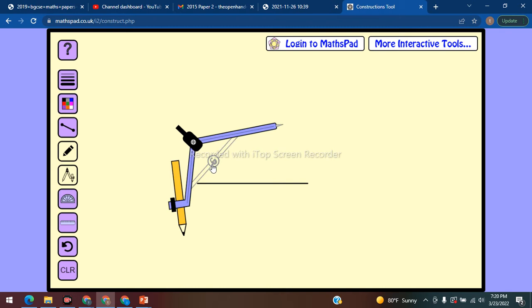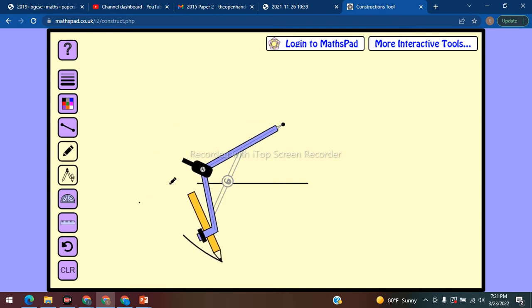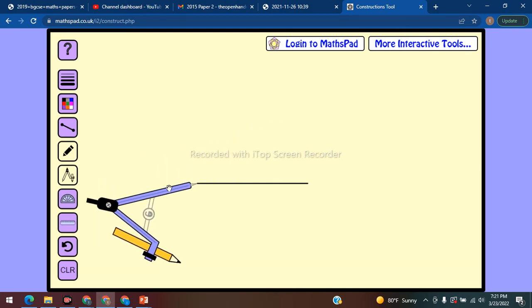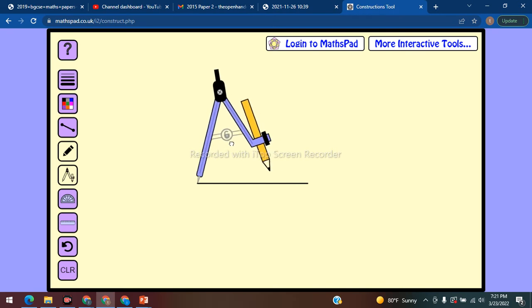Mr. Petit, is it best to bisect first and then do the angle? No. They told us to do that second.